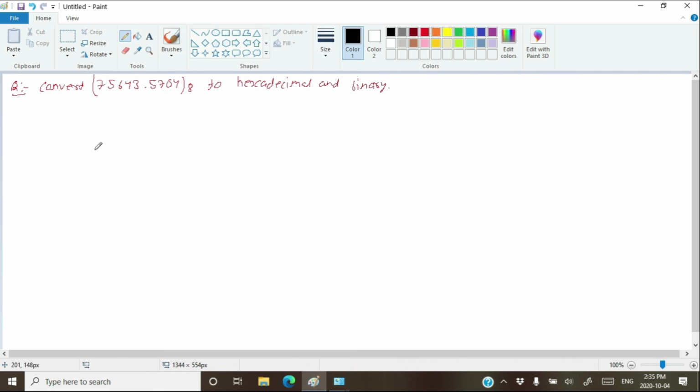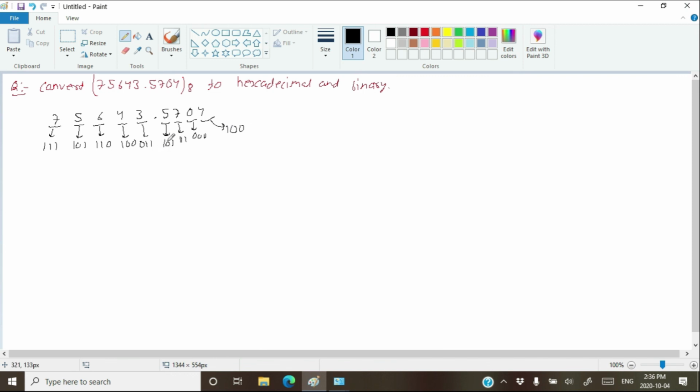Let's do it. So write this number 75643 dot 5704. Convert all the octal digits into 3-bit binaries: 111, 101, 110, 100, 011, 101, 111, 000, 100.